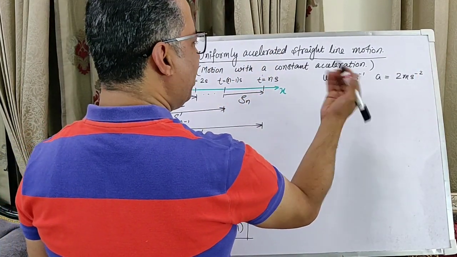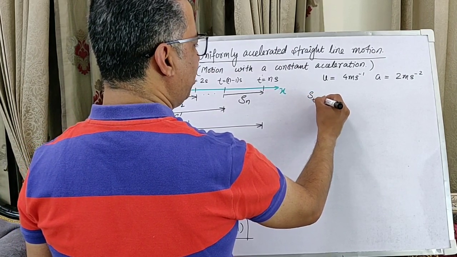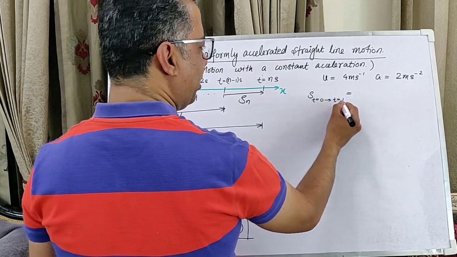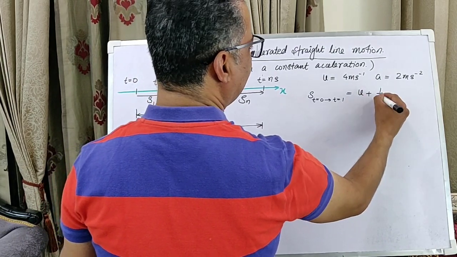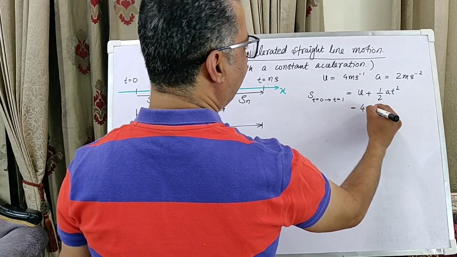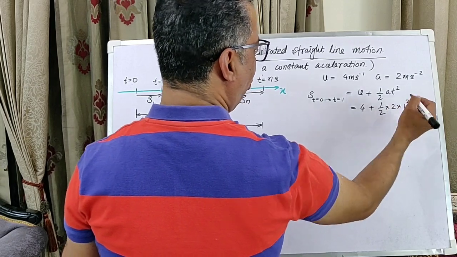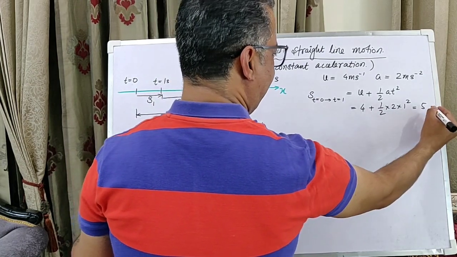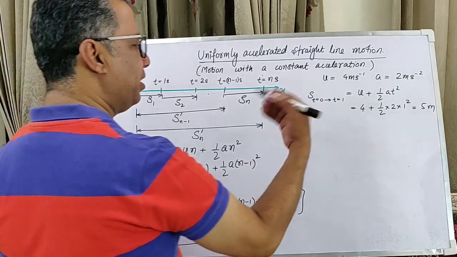Now in 1 second of motion, from t equal to 0 to t equal to 1, the displacement will be u plus half a t square, and that equals 4 plus half into 2 into 1 square, 2 cancels, and we have 5 meter here. That's the displacement in 1 second.